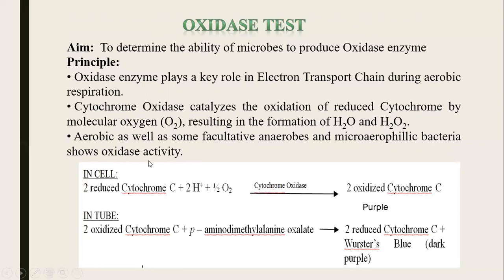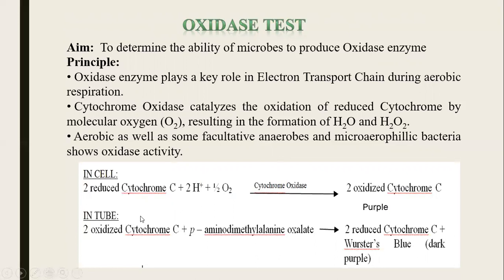They show oxidase activity. In the cells, the reduced cytochrome has been oxidized to cytochrome C. Due to the presence of cytochrome oxidase, that indicates positive. Here in the cells, you can see the purple spot. In a tube, how can you detect the oxidase test?